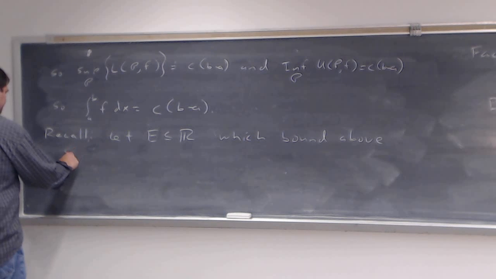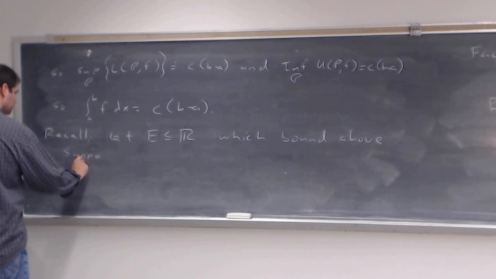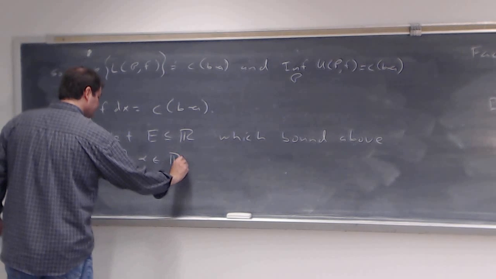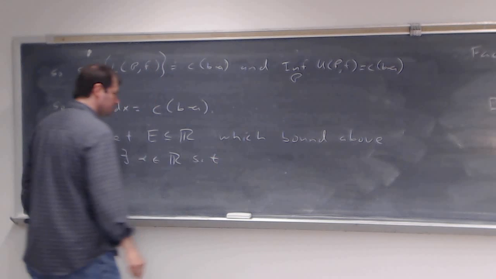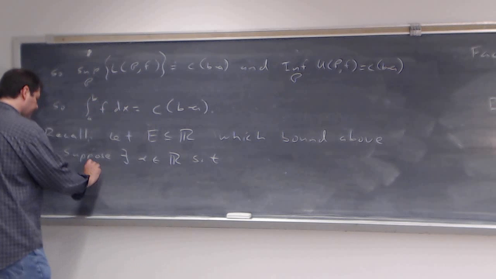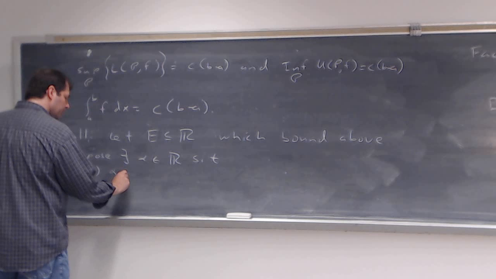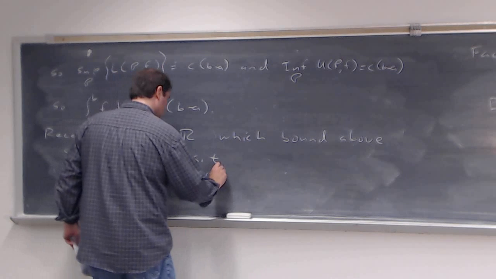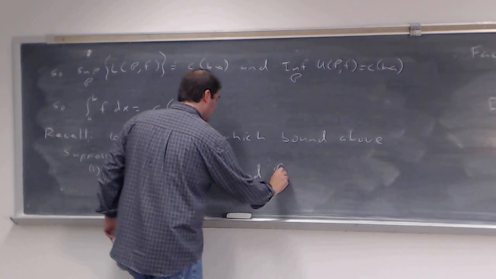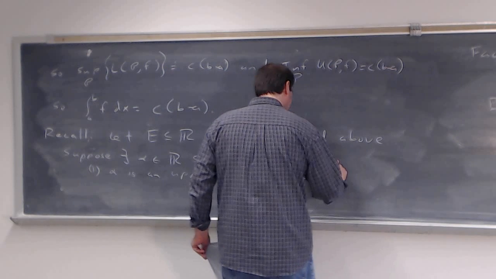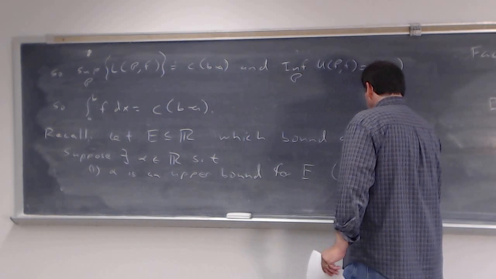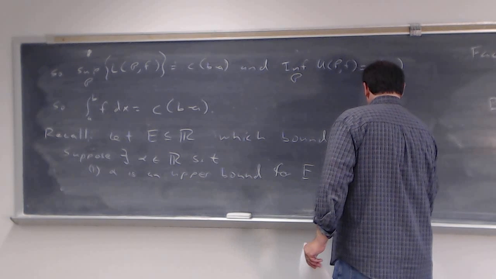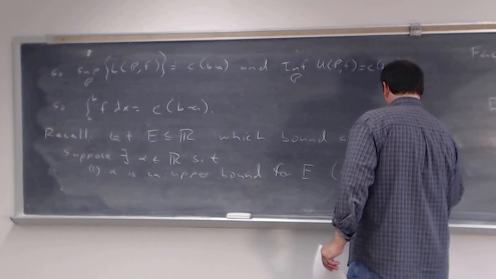And suppose there exists an alpha that's a real number, such that two things are satisfied. One is that alpha is an upper bound for E. What that means is that for every little e element of big E, we have e is less than or equal to alpha.